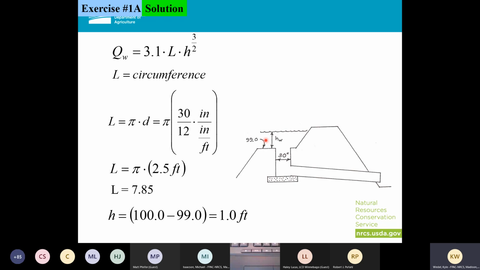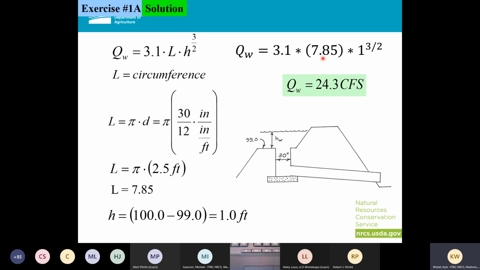My head is going to be, I'm at elevation 100 with the water surface, and I'm going to subtract down to 99 for the top of the weir, so I'm going to end up with 1 foot of head. Now I have all my unknowns, I found L and I found H, so I'm going to plug those into my equation and solve through. And I'm going to end up with 24.3 CFS.